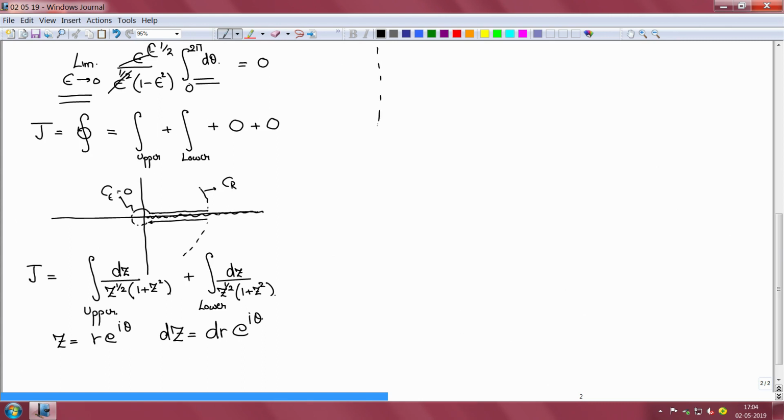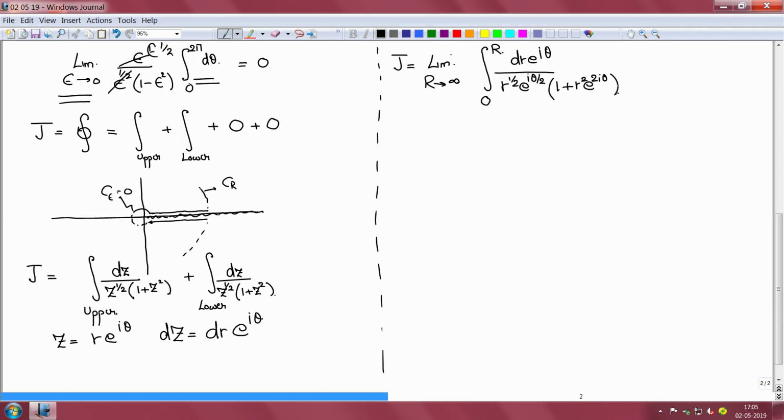So now J becomes equal to, okay, limit r tending to infinity, integral 0 to r, dz, which is dr e to the power of I theta by z to the power half, which is r to the power half e to the power of I theta by 2 into 1 plus z square, 1 plus r square e to the power twice I theta. This is the upper portion.